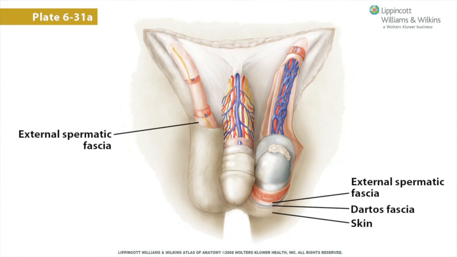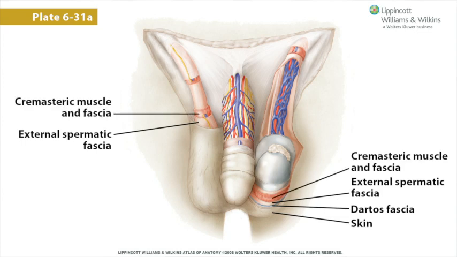The extension of the internal abdominal oblique is partially muscular superiorly at the level of the spermatic cord, but is only fascial at the level of the testis. These extensions are called the cremaster muscle and the cremasteric fascia.